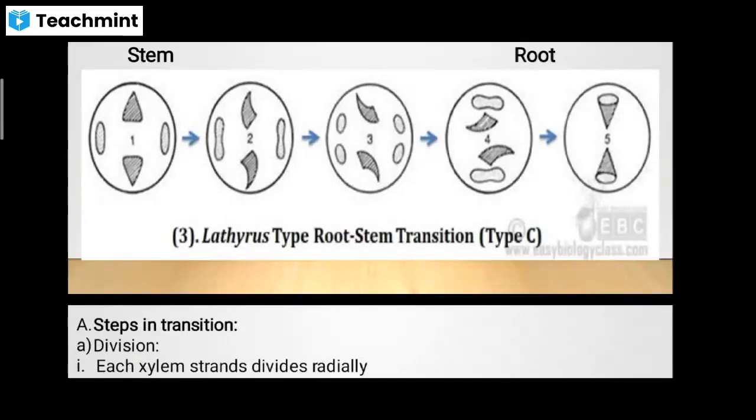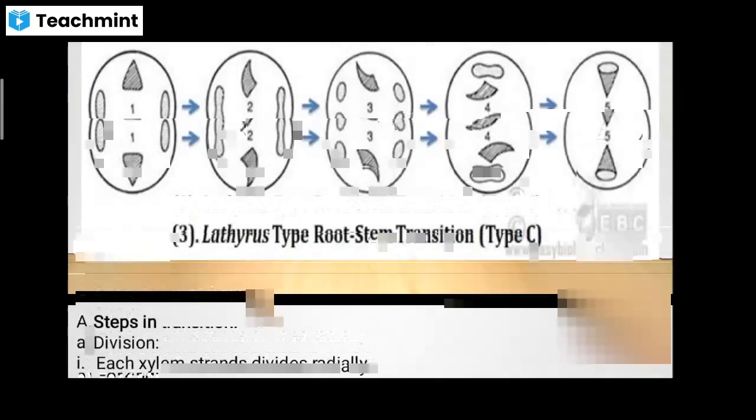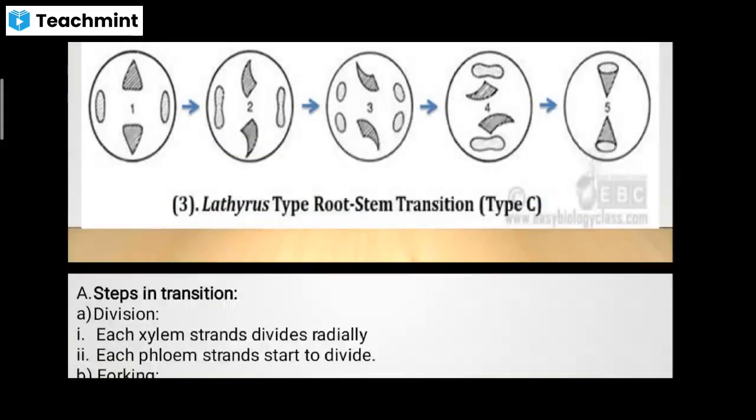That is why conjoint collateral vascular bundles are formed in the stem. So in Lathyrus or type C, the root stem transition undergoes different steps, that is division, forking, rotation, and fusion. Due to these processes, the radial arrangement of vascular bundle is converted into the conjoint collateral type of vascular bundle.